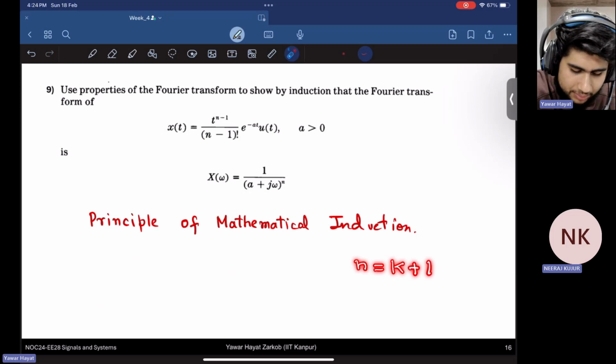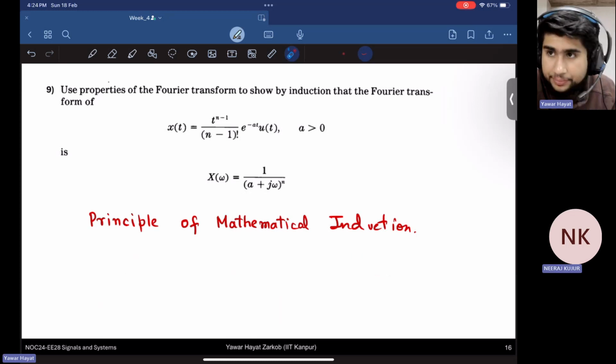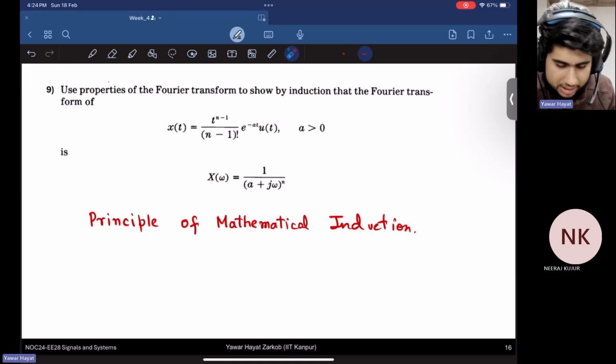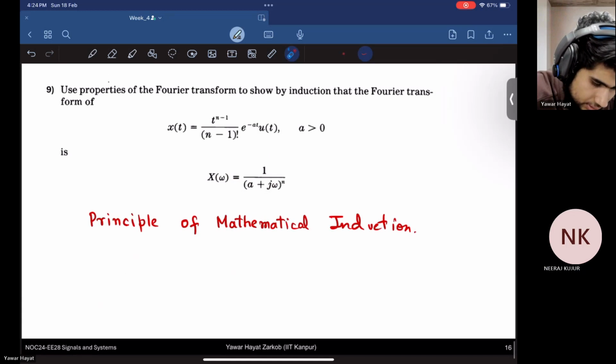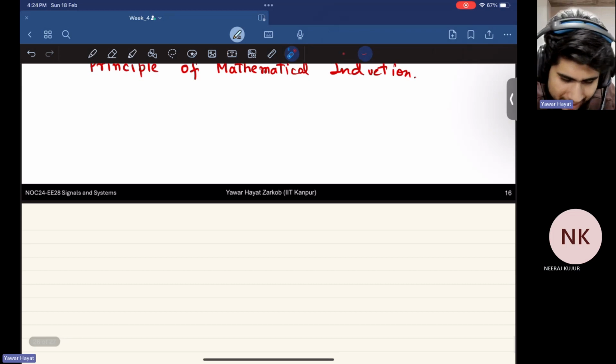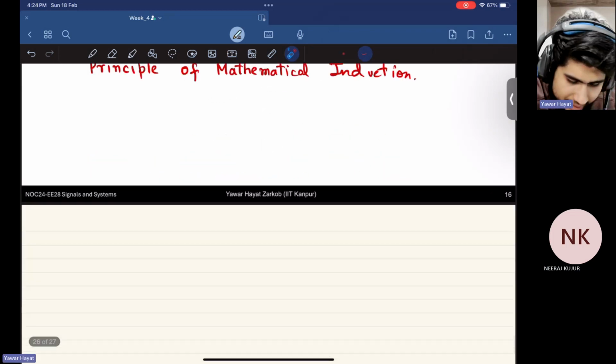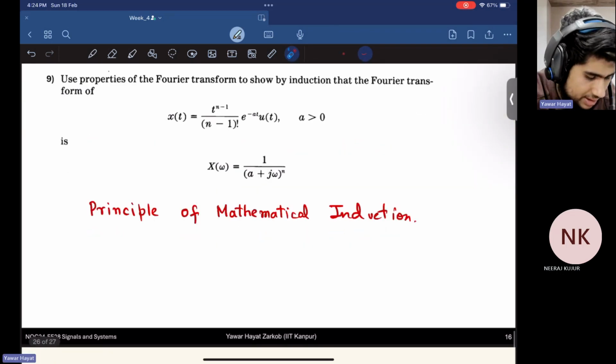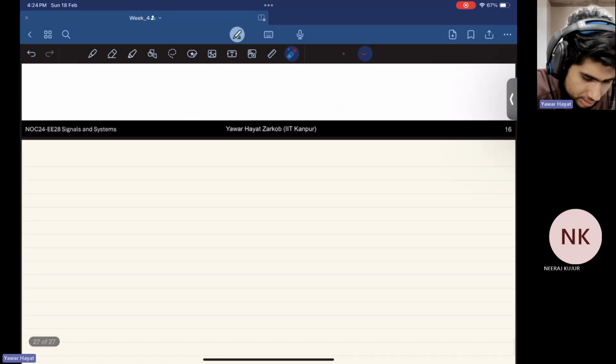Then we say that by the principle of mathematical induction, the result is true for any n. That's what this principle is. So this exercise would essentially revise some properties. That's why I kept this as a question.